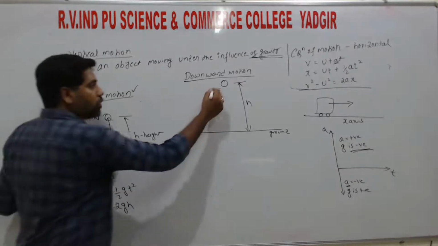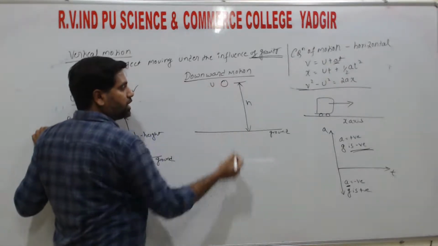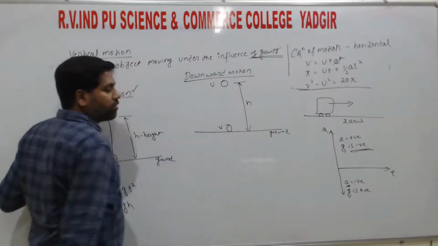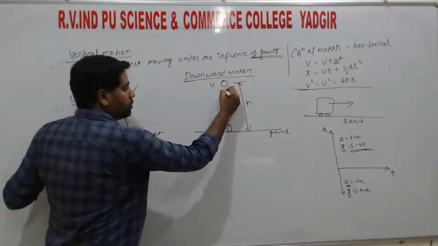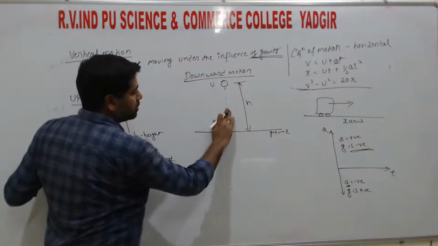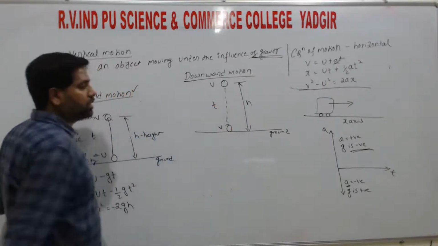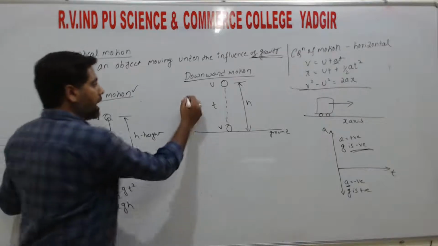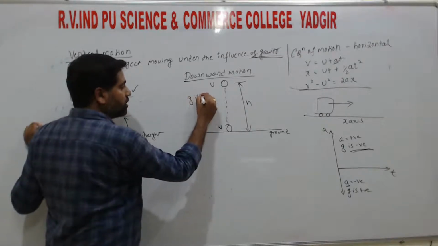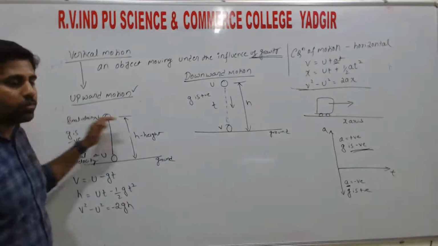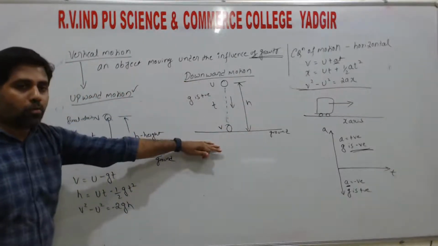Now this object is moving with initial velocity u and reaches the ground here with a velocity v, along a straight line. It takes time t. As we said, acceleration due to gravity g is positive in the downward direction, that is for an object moving from top to bottom.